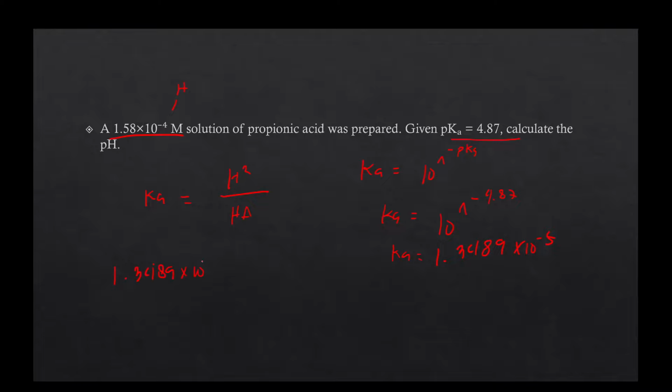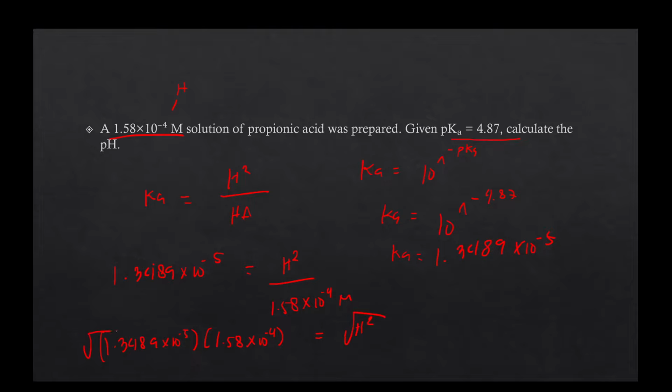1.3489 times 10 to the negative 5 equals H squared over HA of 1.58 times 10 to the negative 4 molarity. So 1.3489 times 10 to the negative 5th times 1.58 times 10 to the negative 4th equals H squared.